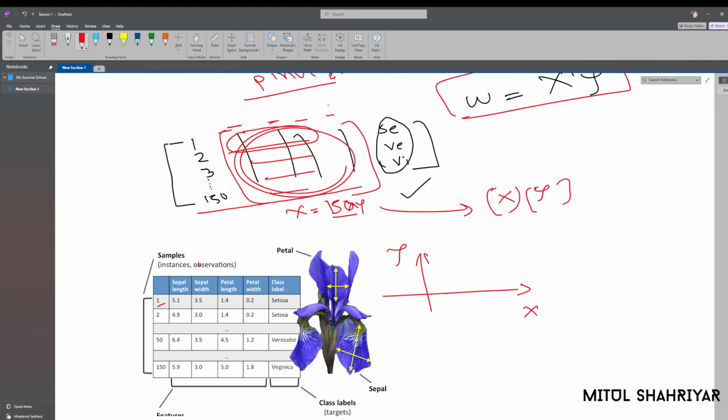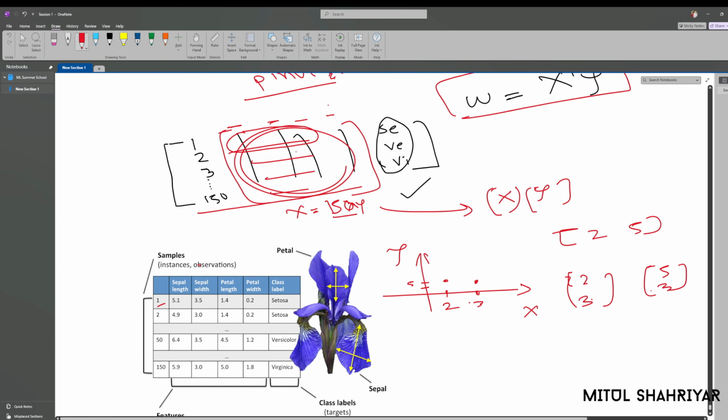For example, we have 2 and 5, or 3 and 3. For 2, 5 this is the point, and for 3, 3 this is a point, right? So this is how we can plot it.